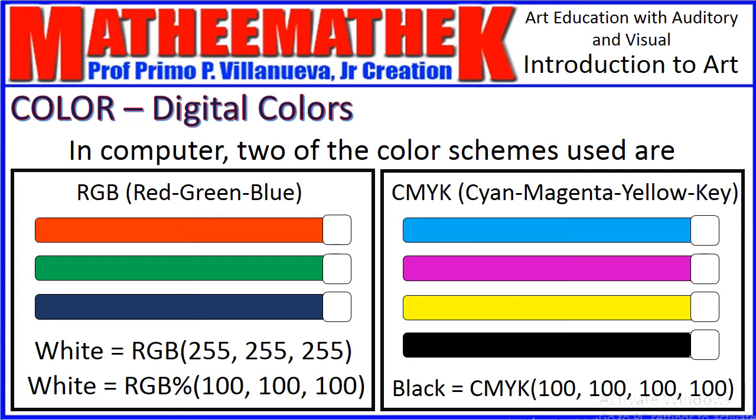Example, blue-green can be achieved by setting the red to 0% or 0, the green in 50% or 127.5, and blue at 50% or 127.5, represented as RGB 0, 127.5, 127.5.